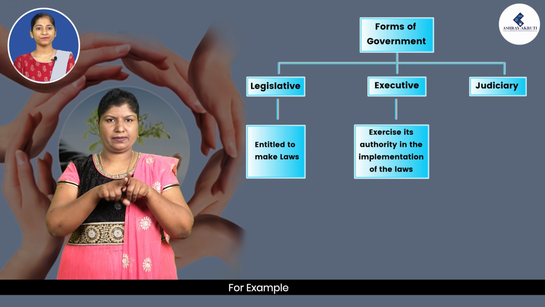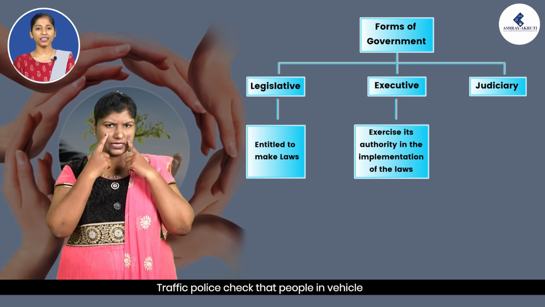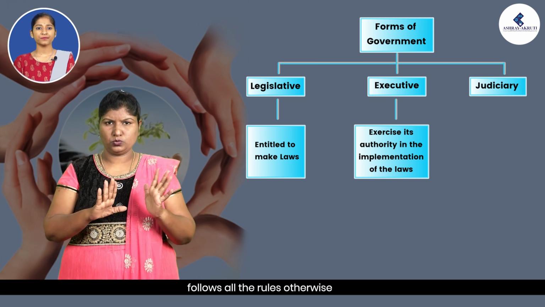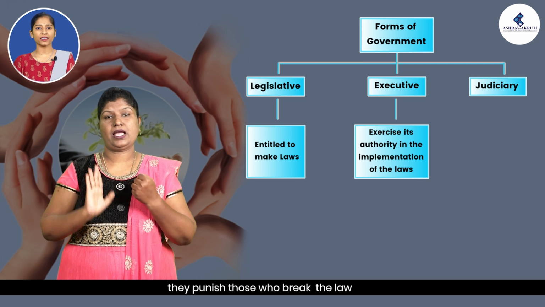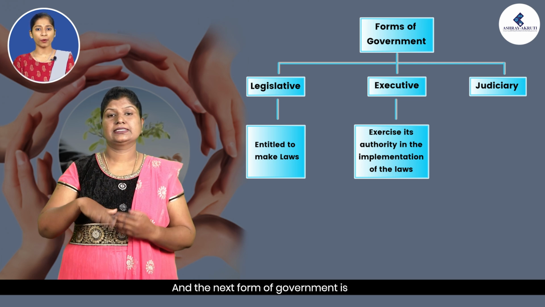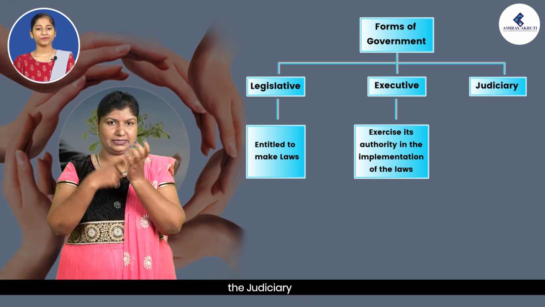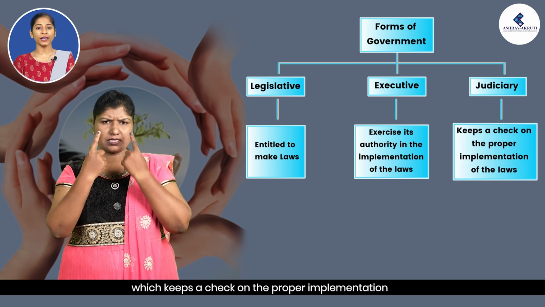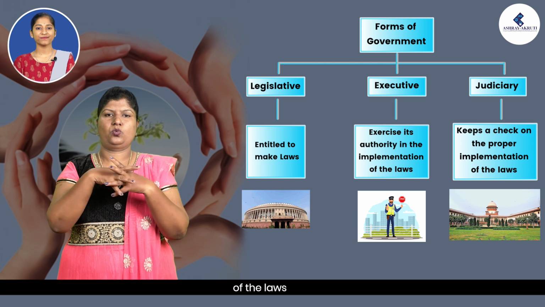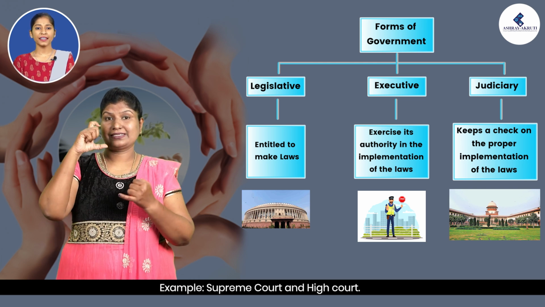For example, traffic police check that people in the vehicle follow all the rules, otherwise they punish those who break the law. And the next form of government is the judiciary, which keeps a check on the proper implementation of the laws. Example, Supreme Court and High Court.